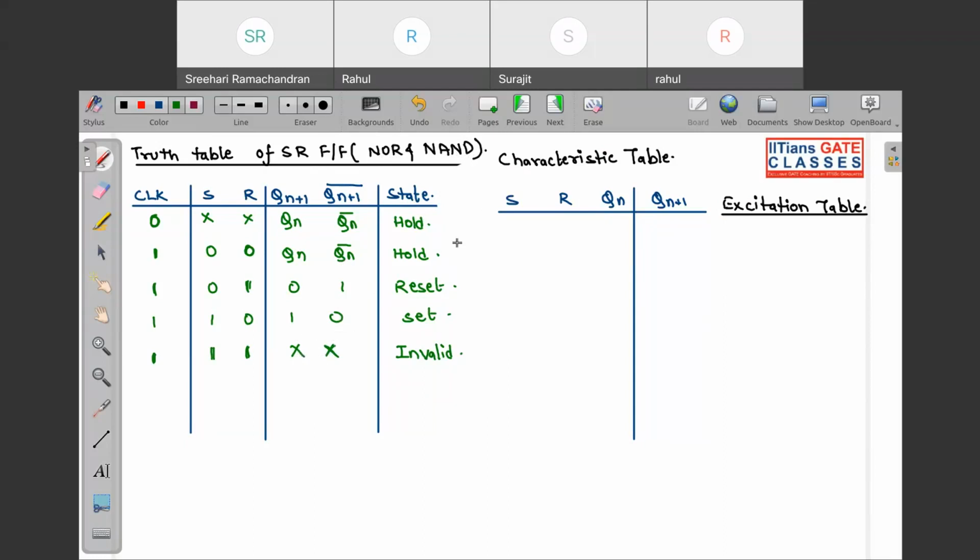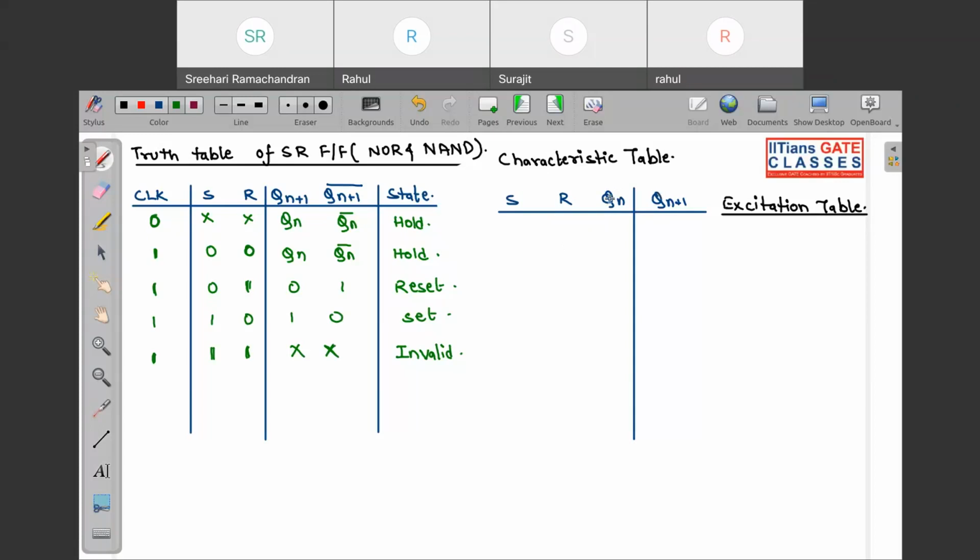Now let us discuss the characteristics table. Before going into it, let me tell you what a characteristics table is. The characteristics table is basically the combination of all inputs along with your past state to get the present state. This was your past state, this is your present state.